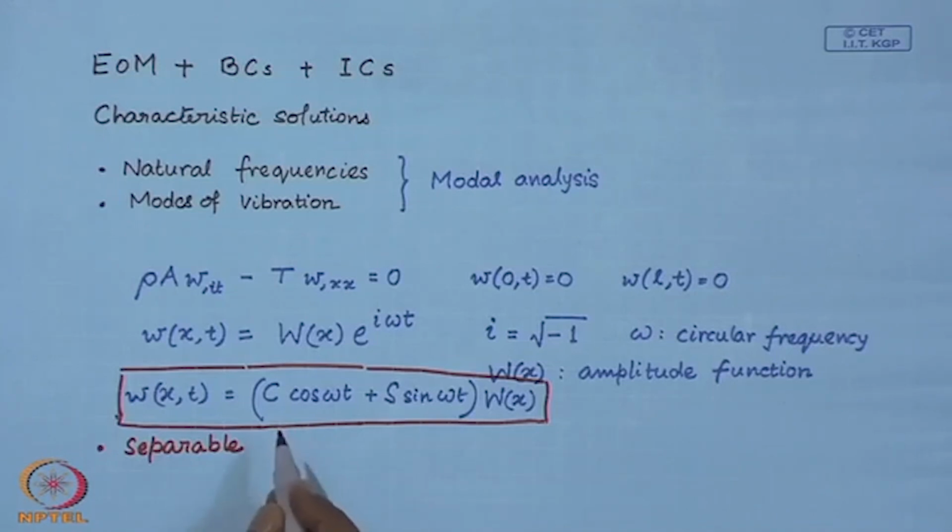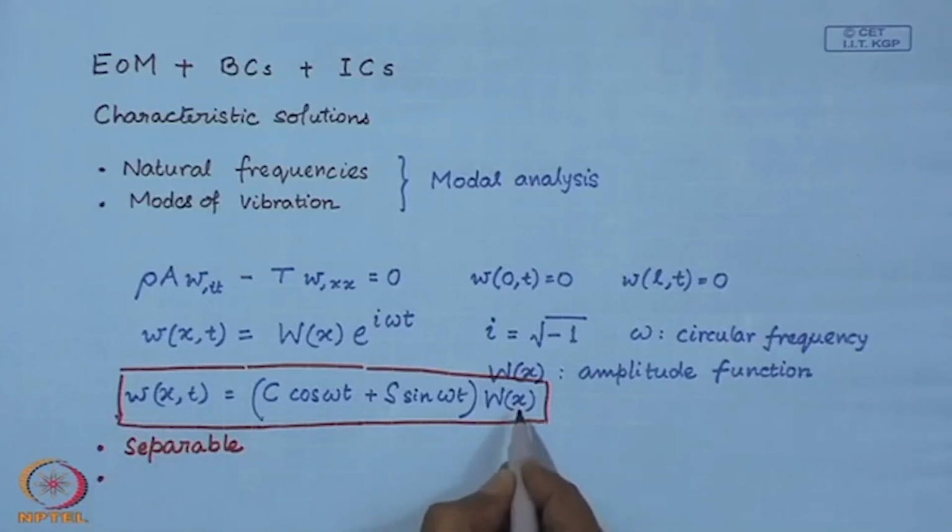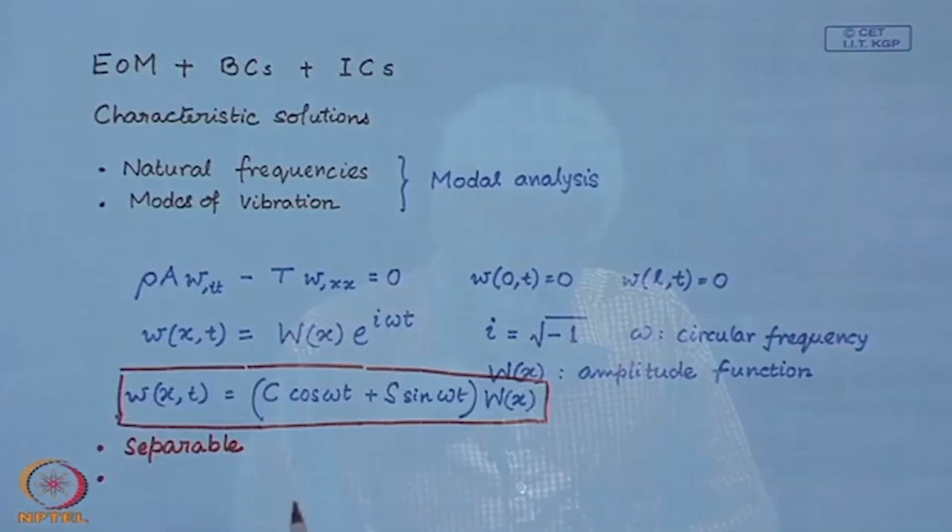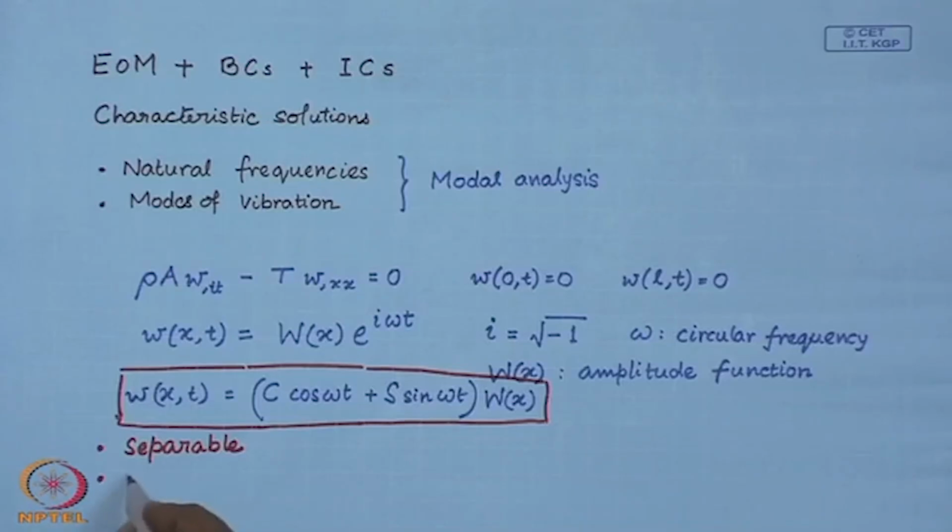In that event, for all x, the solution is 0, which means that the motion of the string or the continuous system passes through the equilibrium point, all points pass through the equilibrium point at the same time.